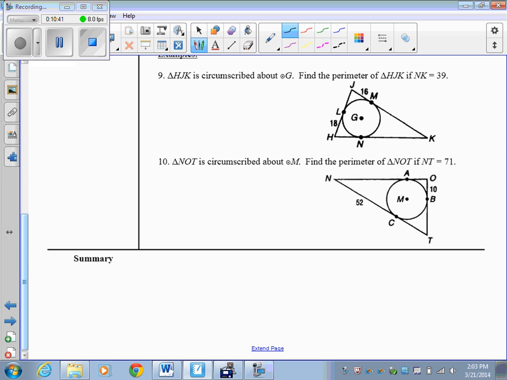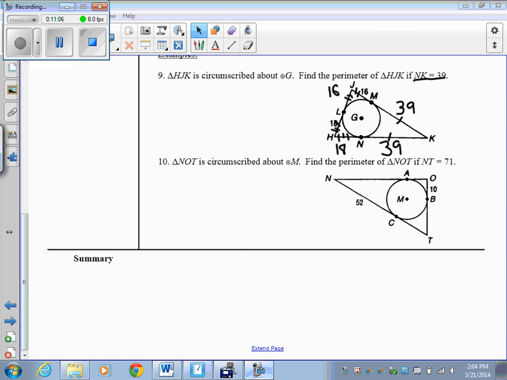This says triangle HJK is circumscribed about circle G. Find the perimeter of triangle HJK if NK is 39. So using this information, NK is 39. We know that these 2 segments are congruent. That's one of the theorems we learned before. We also know that these 2 segments are congruent and these 2 segments.